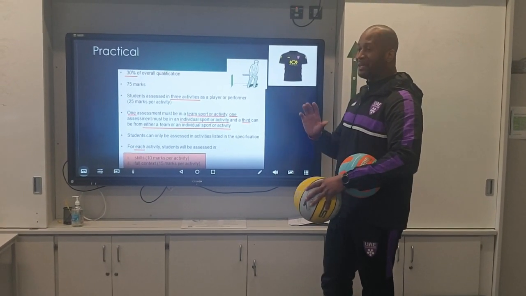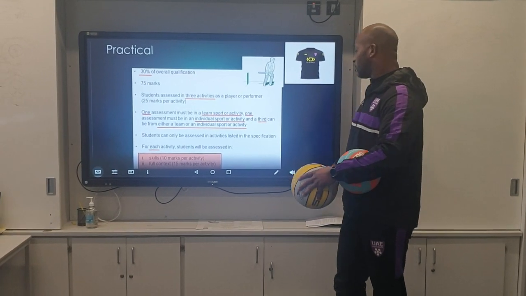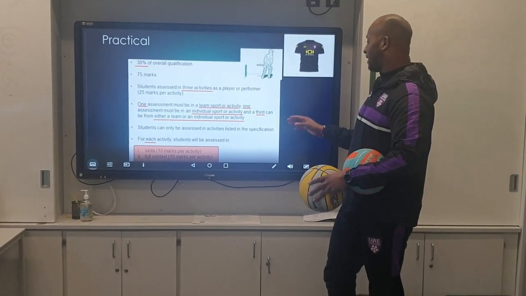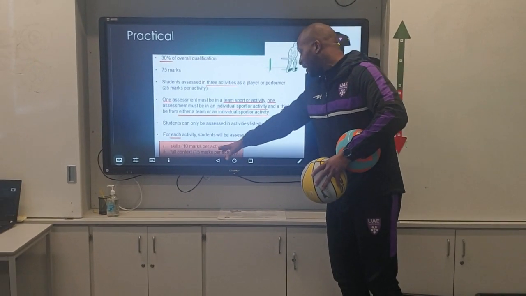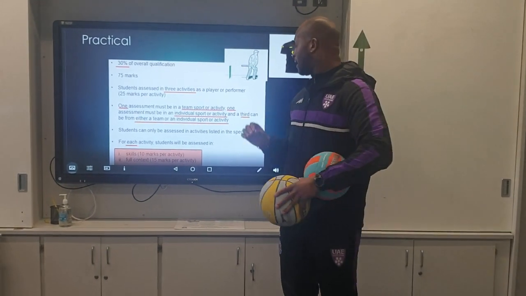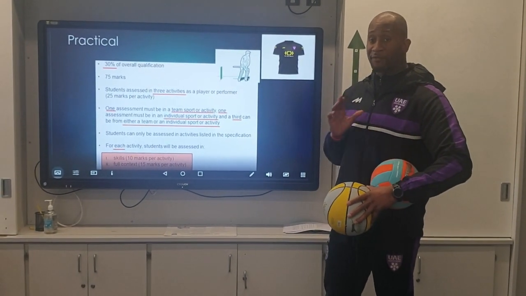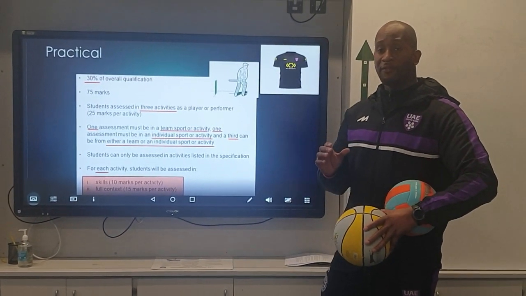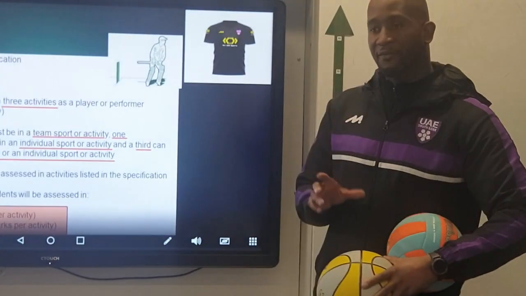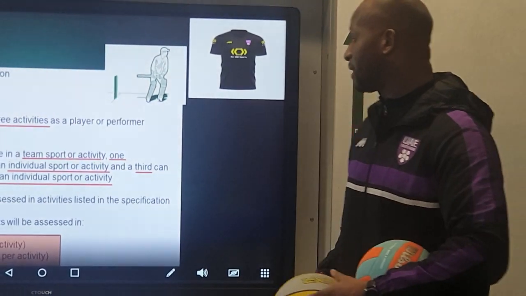You cannot be assessed on something that is not on the specification. For each activity, you'll be assessed in a skills context, which is you're performing the drills, the practices, and then the final is the full game, which is 15 marks. So some of you might show a better grade in the game situation than in an actual individual skill situation.